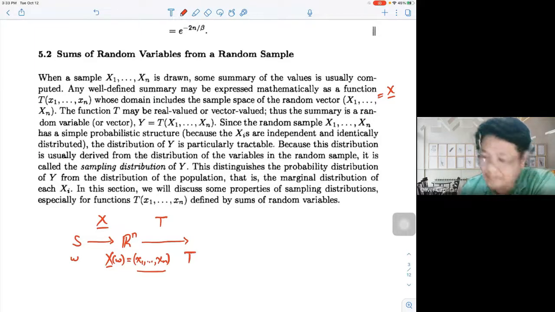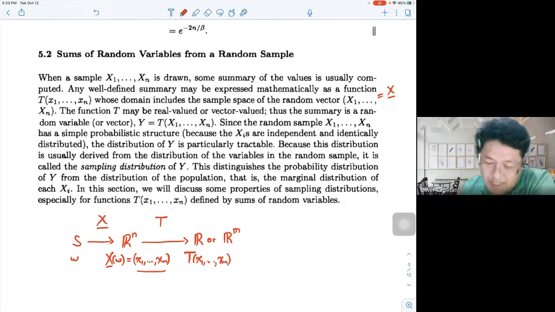The image could either be a real number, or it could also be a vector of real numbers, say in R to the n under t. So in this case we have t of x sub 1 up to x sub n.